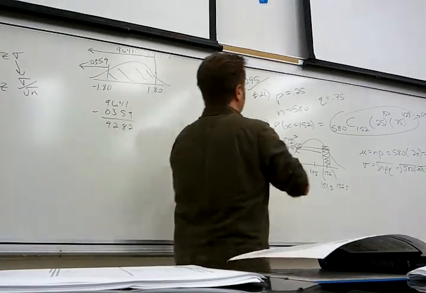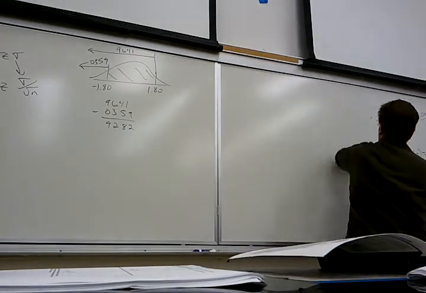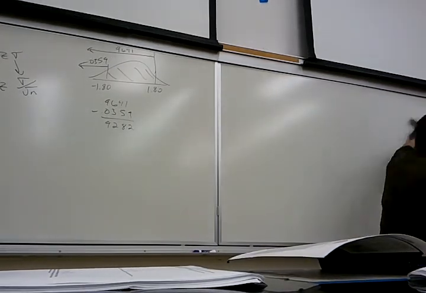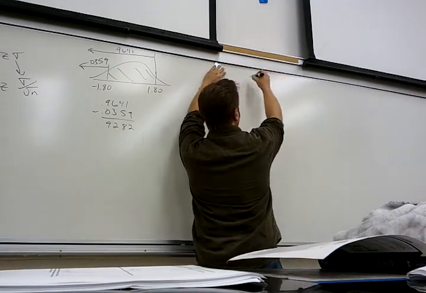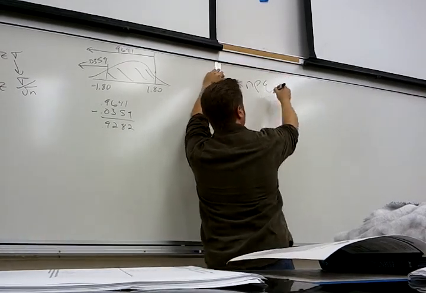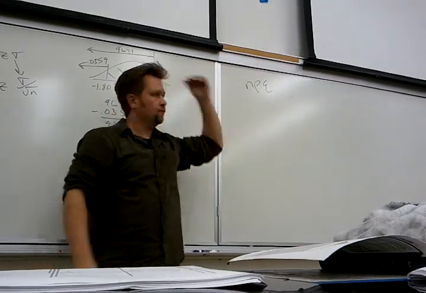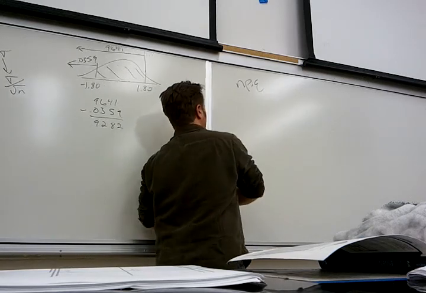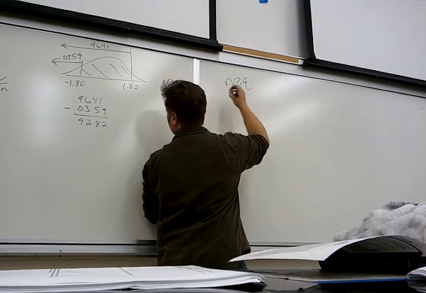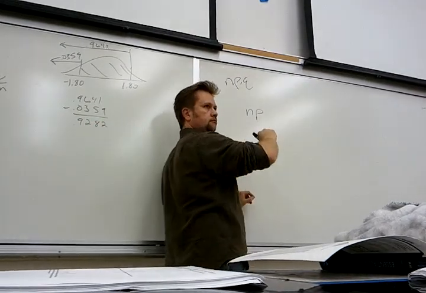A question to ask, well, let's see, what order do I want to do this? Let's do it that way. For an NPQ problem, the mean would be NP, right?